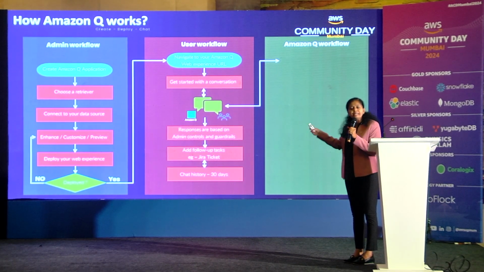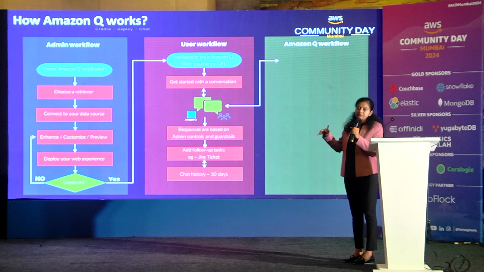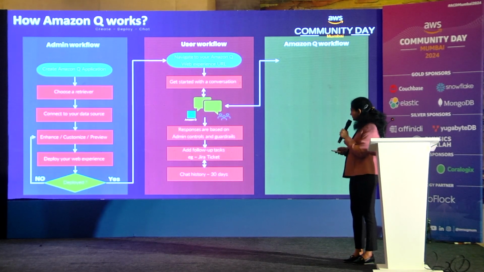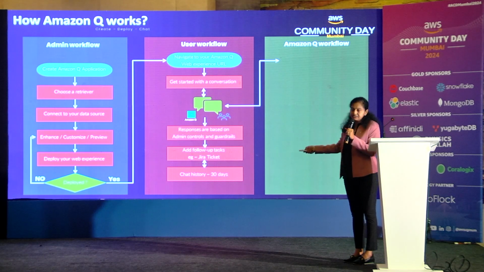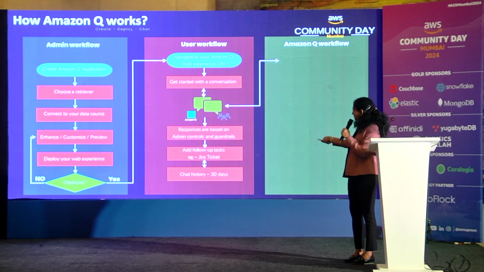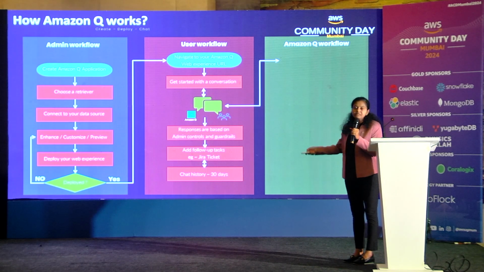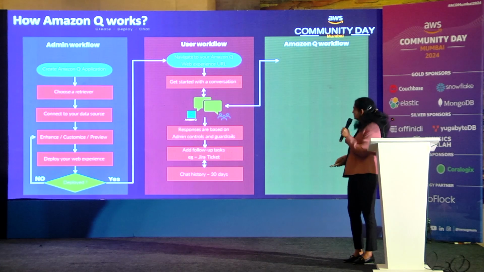You can also integrate security controls, integrate with your web application authentication or any IDP authentication. You can take actions as well. So that is the user workflow. You can integrate with Jira or any ticketing tool for follow-up tasks.